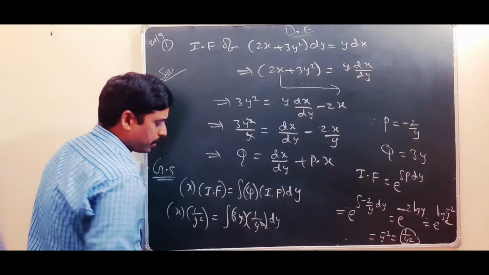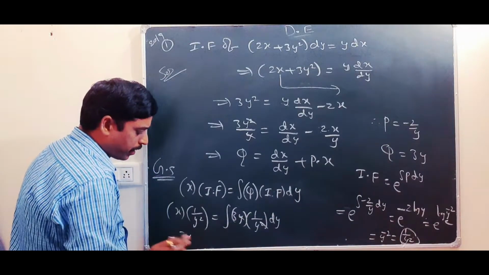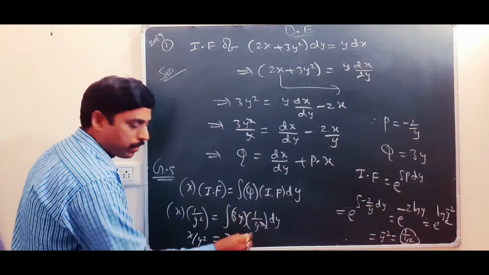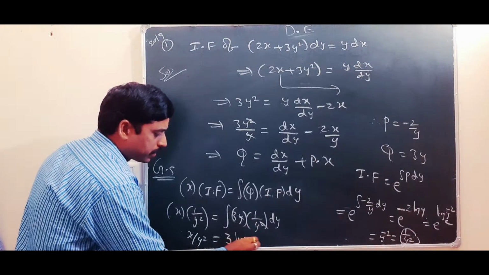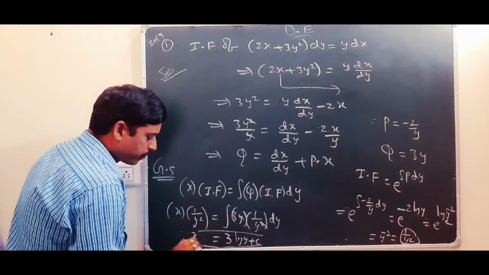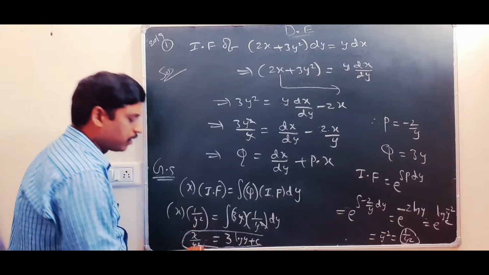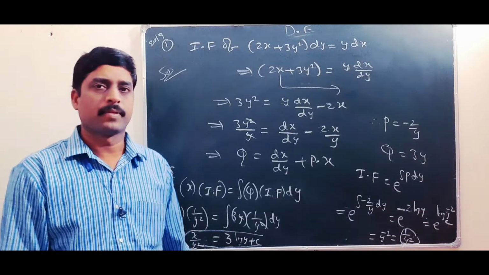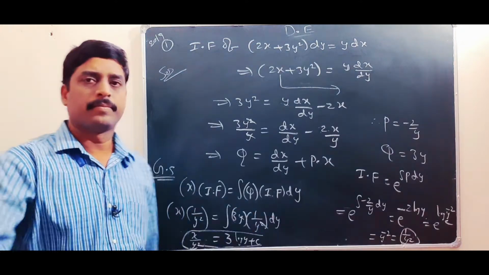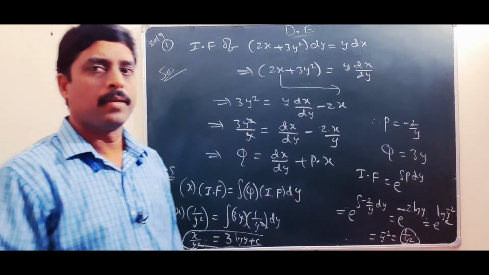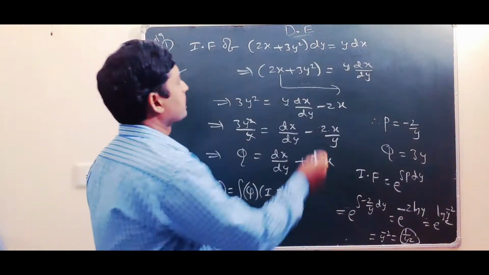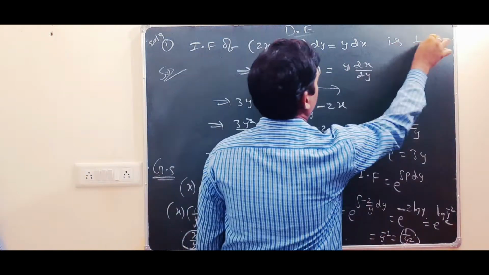So one y gets cancelled. It is going to be x by y square equal to 3 into integral of 1 by y, which is nothing but log y plus c. So what is the answer? x by y square equals 3 log y plus c. The general solution is not needed, but our target is the integral factor. What is the answer? 1 by y square. So the answer is 1 by y square.